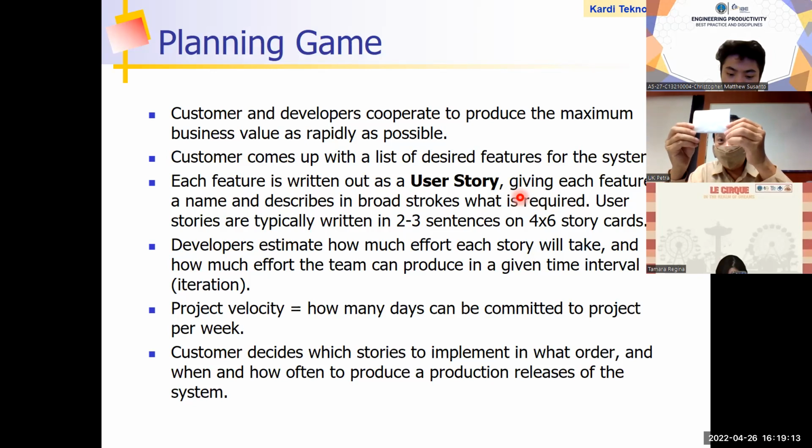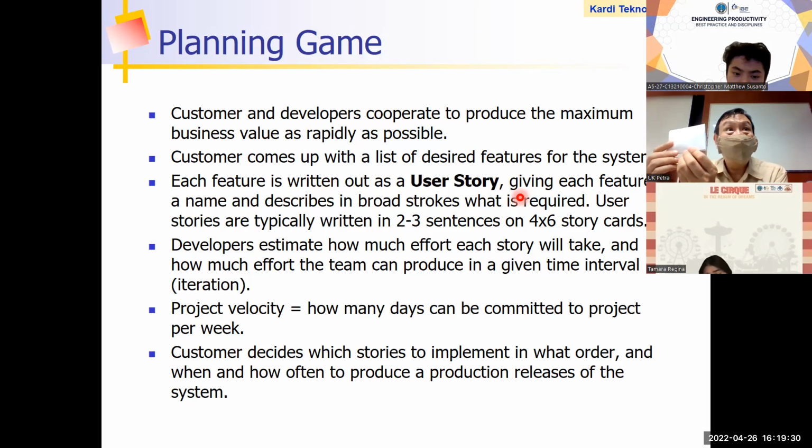Okay, small as this. So 4 by 6 inch. Right? So, and then you write, as a client, 2 or 3 sentences in this small piece of paper. Okay? What is the requirement? One user story. Okay? What feature? Okay?